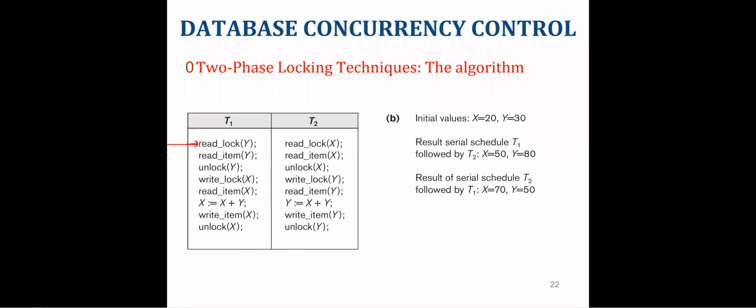That must be the start of the growing, but here it's unlocked. Why? And when you start by unlocking, you can lock in the future, but you can see here it locks another item. So it is not following the two-phase locking technique.